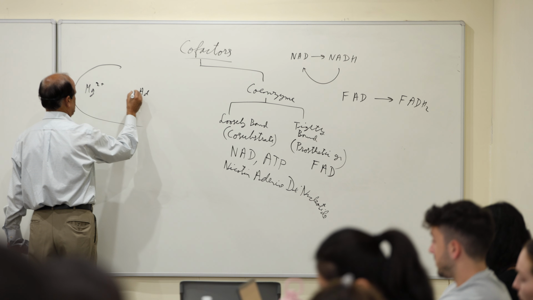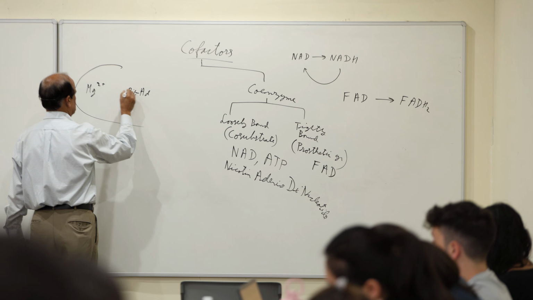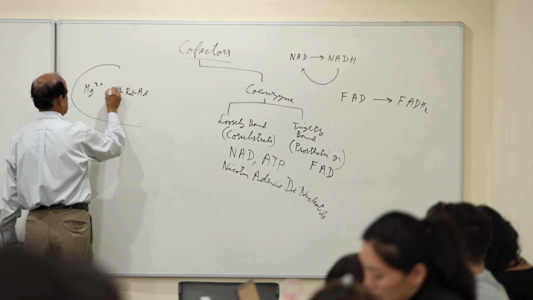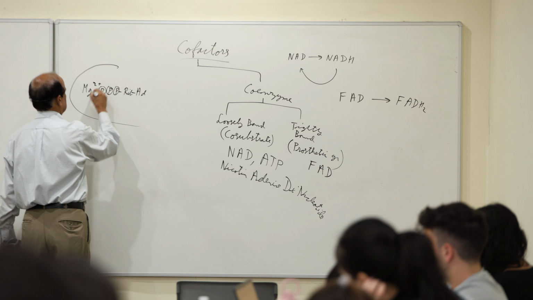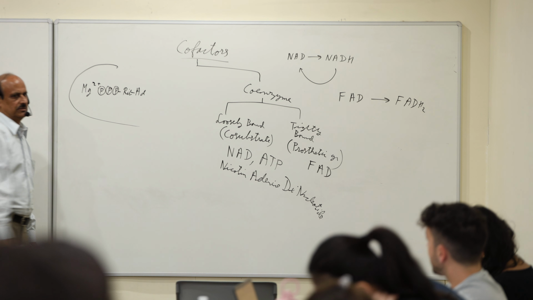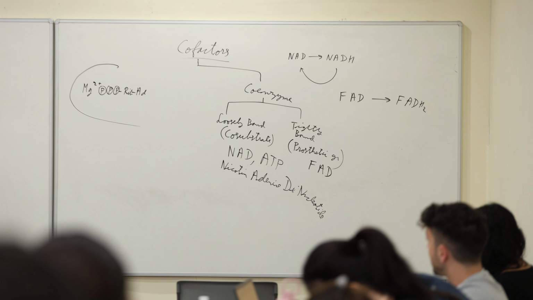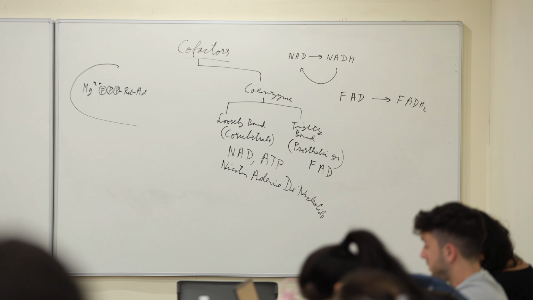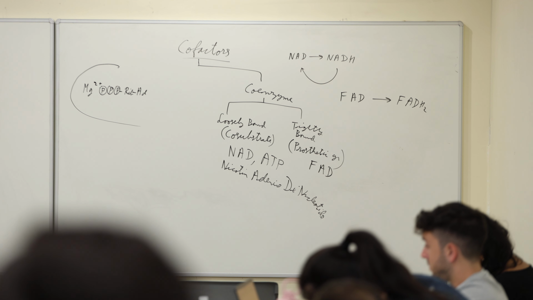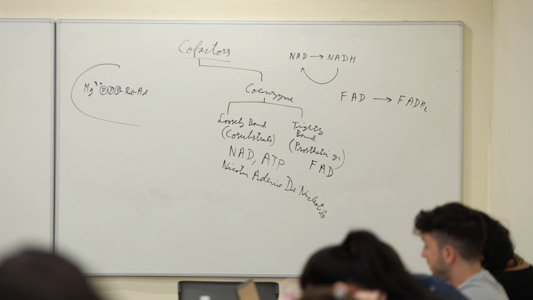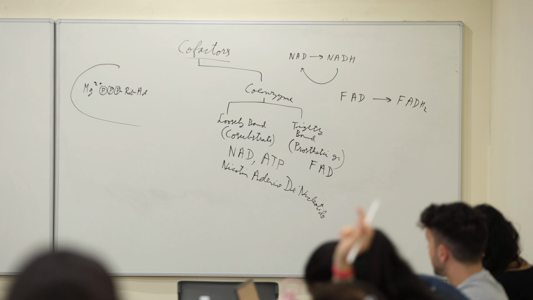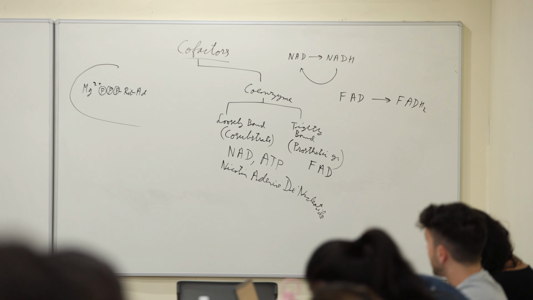So ATP is adenine, then ribose, and then 3 phosphates. As I said, each P has 4 oxygens, and so there are negative charges, and the magnesium helps to bind to the negative charges. So that's how it increases the efficiency of binding.